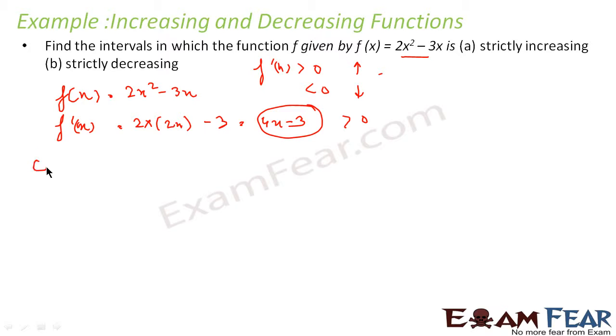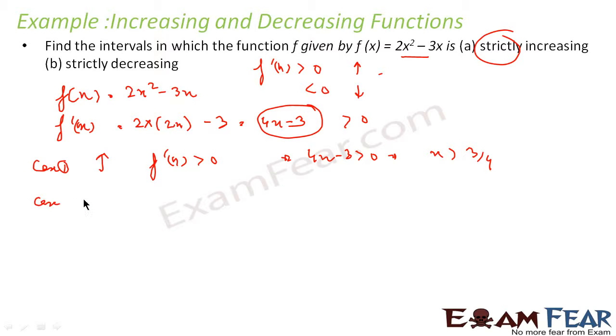So I'll say case 1, increasing function, that means f dash x is greater than 0, or 4x minus 3 is greater than 0, or I get x is greater than 3 by 4. In this case, my function is strictly increasing. Case 2, strictly decreasing. In that case, my f dash x has to be less than 0.